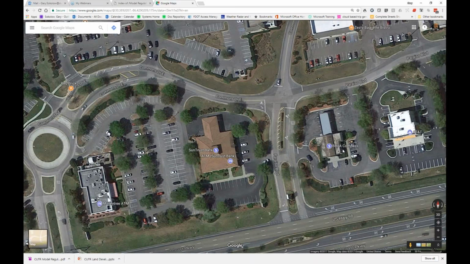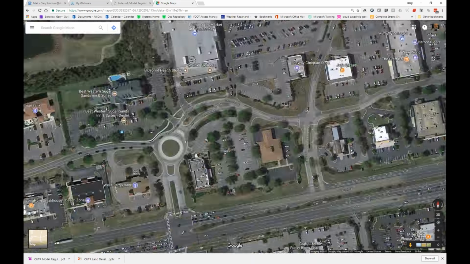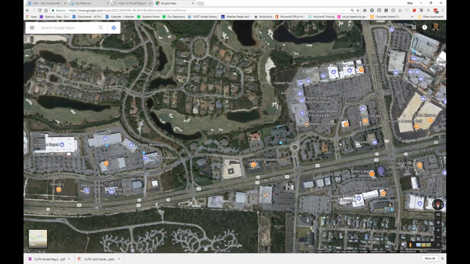So I did some measuring here, and the backage road is between 300 and 450 feet from US 98 throughout. And it has been far enough back that it doesn't interfere with the operations of the accesses on US 98.